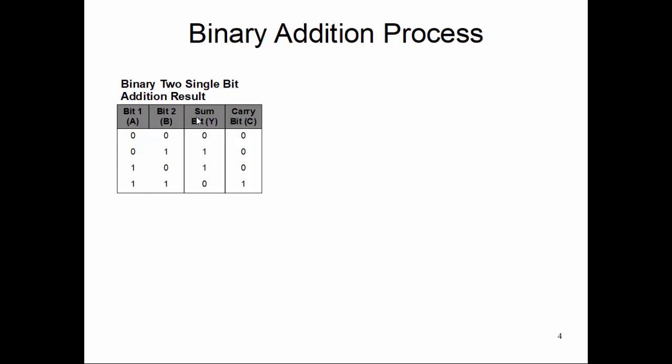For example, in decimal addition, if you add 9 plus 5, your sum at that stage is 4 and carry is 1 for the next column of the whole number. Let's say 9 and 5 were unit place digits and you are adding them up. At the unit place your sum is 4 and carry is 1 for the tens place to be added. That's the paper and pencil process.